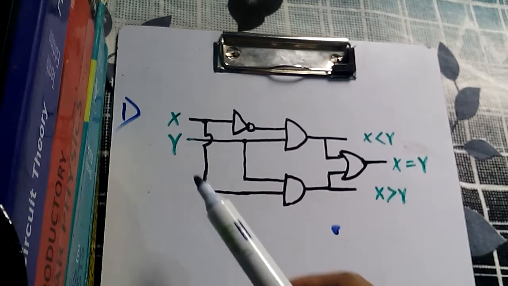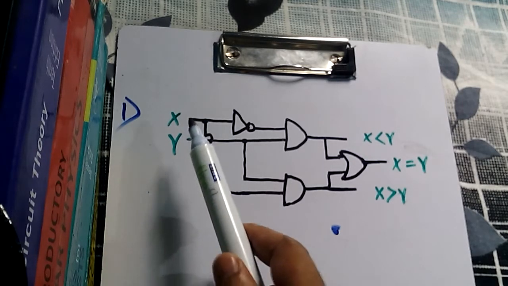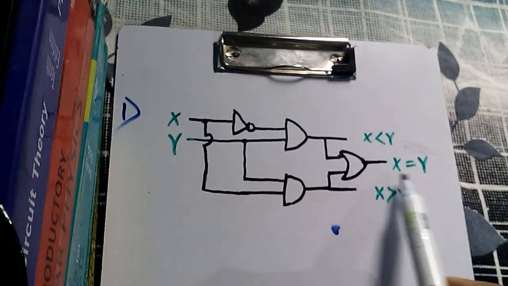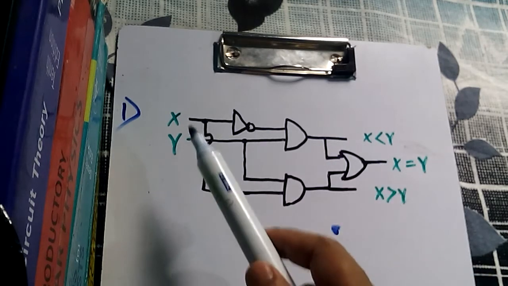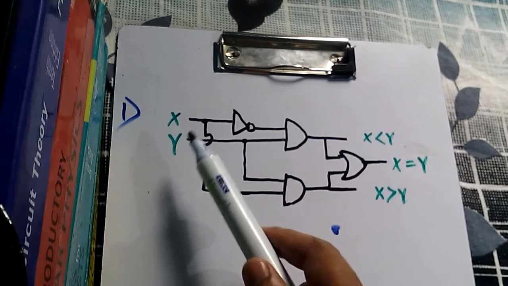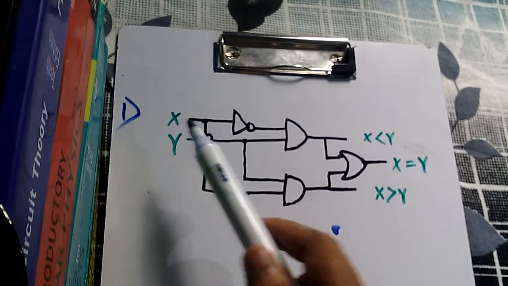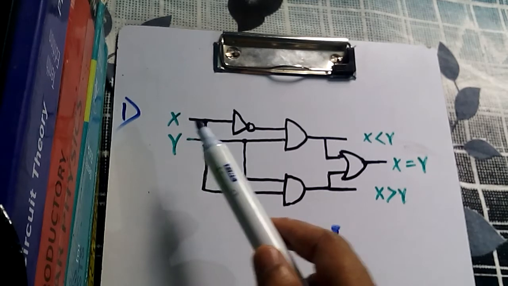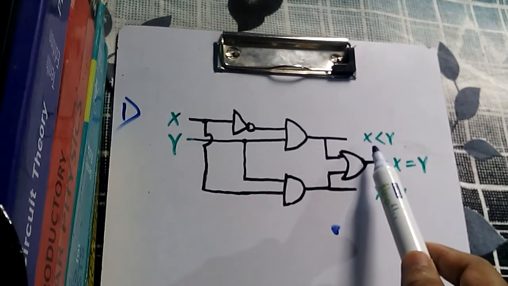So to be a comparator, when these inputs are the same, the x equal to y output terminal should give you 1 to indicate that the two inputs are equal. If one of them is less, that is, if x is 0 and y is 1, then we will say that x is less than y. In that case, the x less than y terminal should give us 1.